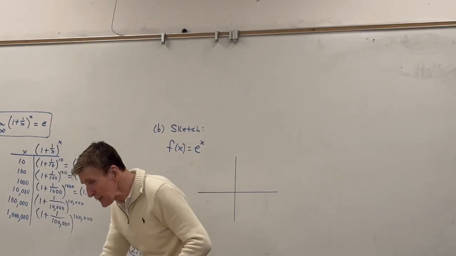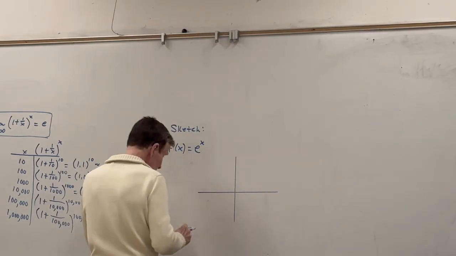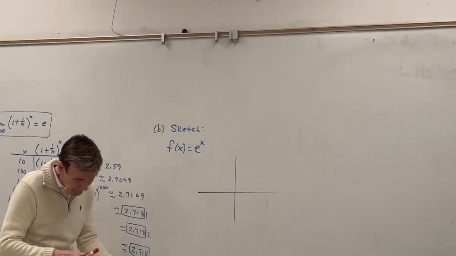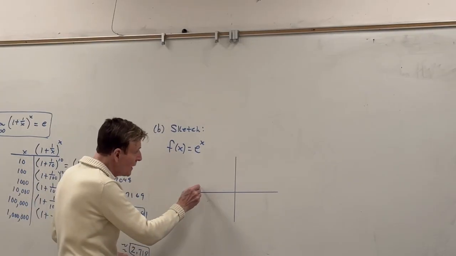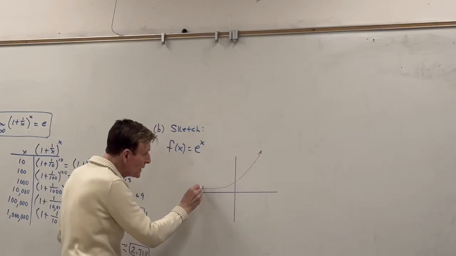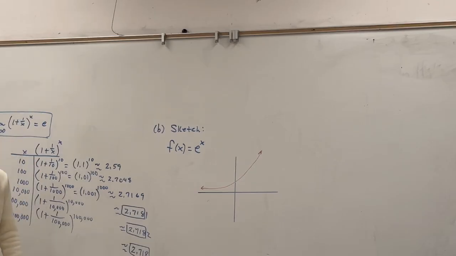Well, it looks something like, before the break, this graph. Put it in red here. Well, it looks something like that. e raised to the x, I think I used 2 raised to the x before the break. It's going to sort of resemble that. Guys, the y-intercept on this is what, 1?